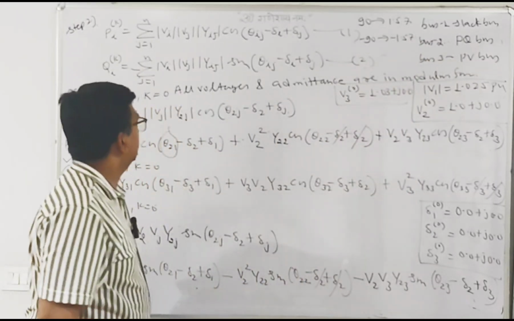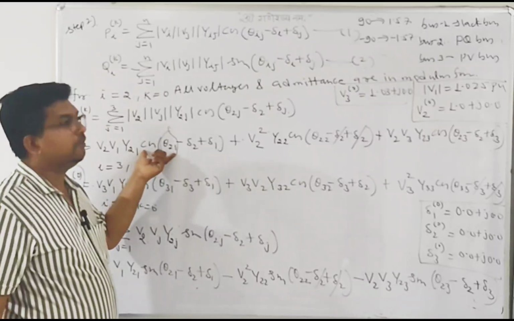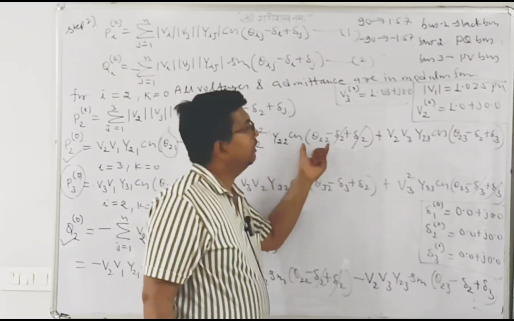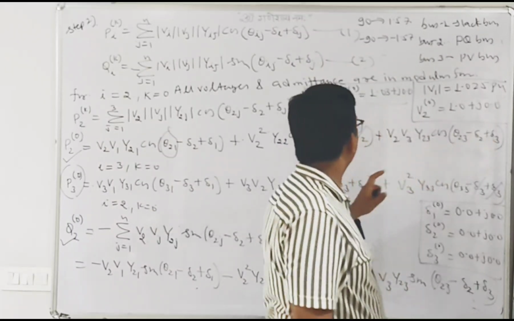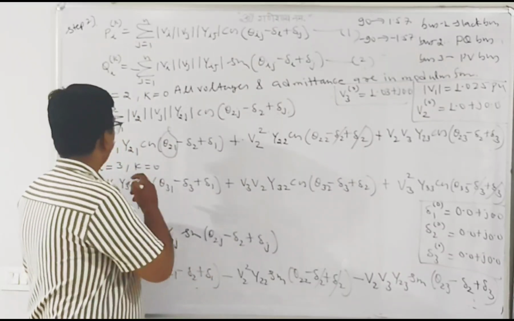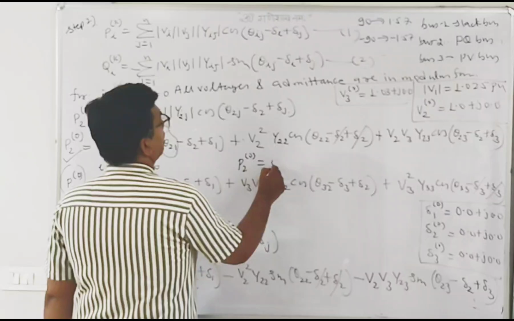So what will happen when you put this value? The cos of 1.57 becomes 0, cos of 1.57 becomes 0, and cos of 1.57 becomes 0. Why? Because delta 2, delta 3 and delta 1 are all initially 0. So for this first iteration, my P2(0) will be 0.